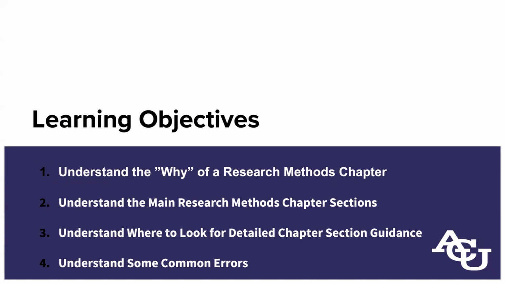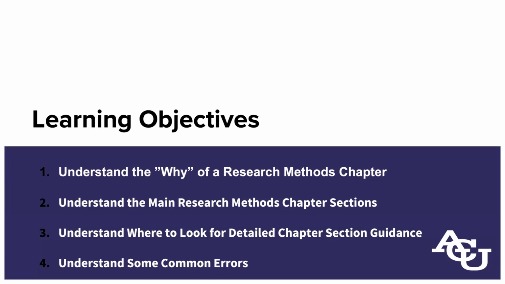We also talked about the main sections that make up the research methods chapter. Again, there's some small variation in how these are labeled between different doctoral programs, but the essentials are the same in terms of what kinds of information is there. Just sometimes it's slightly a different organization.